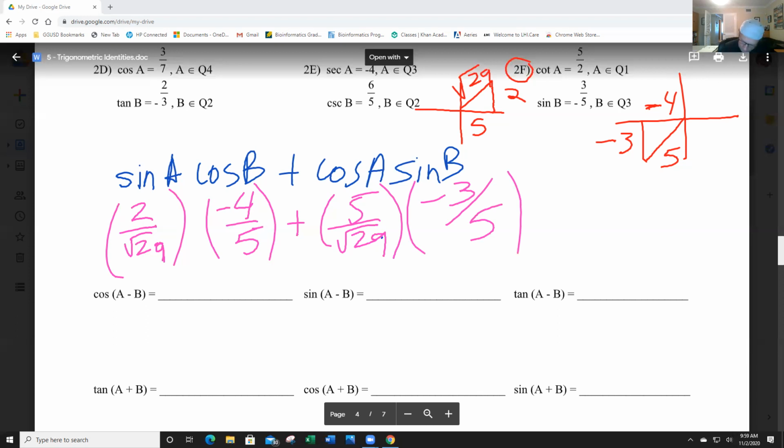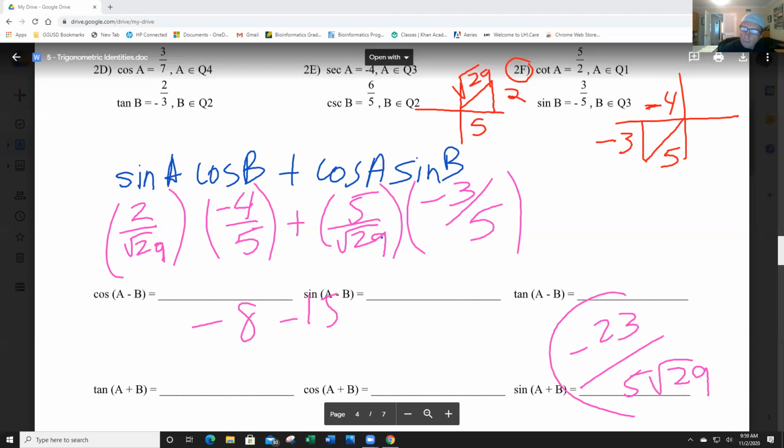The common denominator is very easy to get. It's 5 radical 29, and we're not going to rationalize this, like I've said before. In the top of it, you have -8 minus 15, so you get -23.